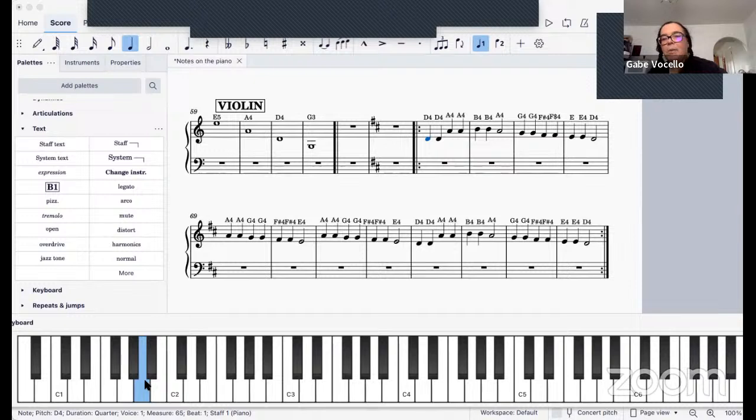Just saying D, D, A, B, B, A, G, G, F sharp, E, E, D, it could be in any octave. The notes are correct, but the octave is not.